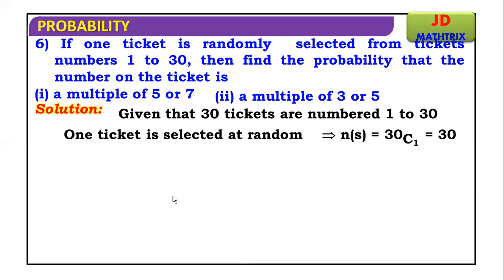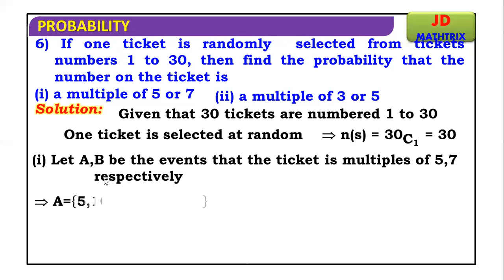Next, let A and B be the events that the ticket is a multiple of 5 and 7 respectively. That means A is the event of getting a ticket which is a multiple of 5, and B is the event of getting a ticket which is a multiple of 7. Then the event A can be written as follows.